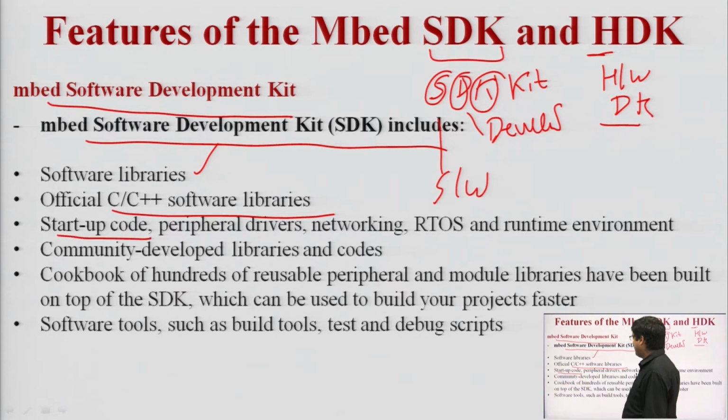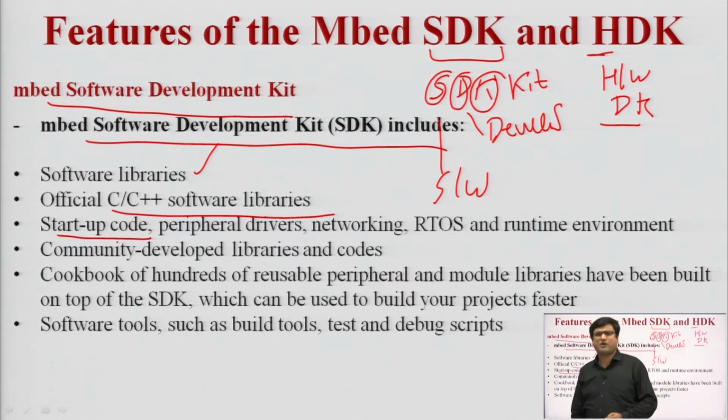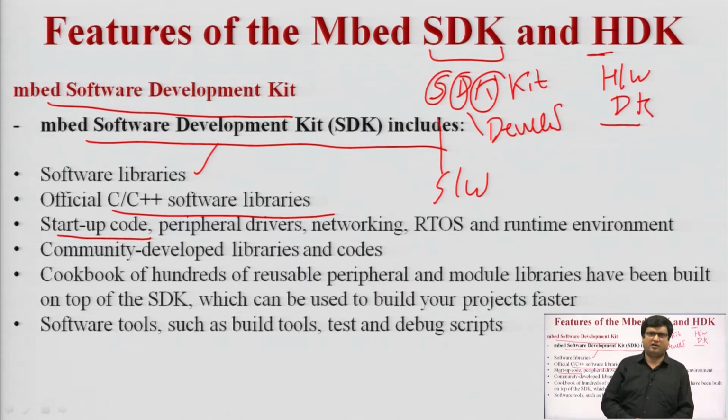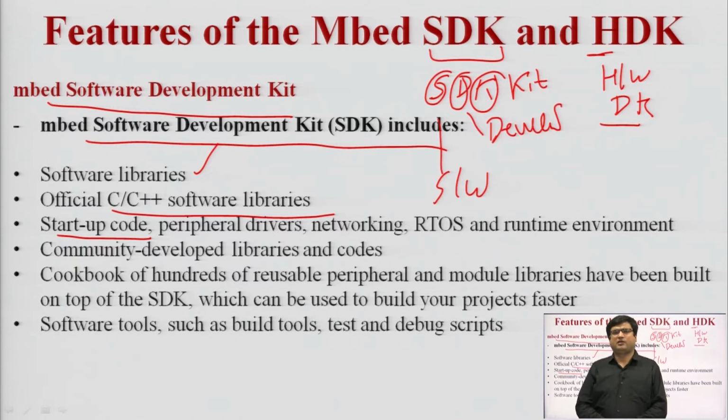Startup code means, for example, in each programming language, whether embedded programming, assembler programming or C++, there are some common lines. For example, in the previous lecture we studied some programming like watchdog timer programming. So, there are some common lines. For example, we need to stop the watchdog timer before the program so that it cannot reset the system. So, there are some common lines available.